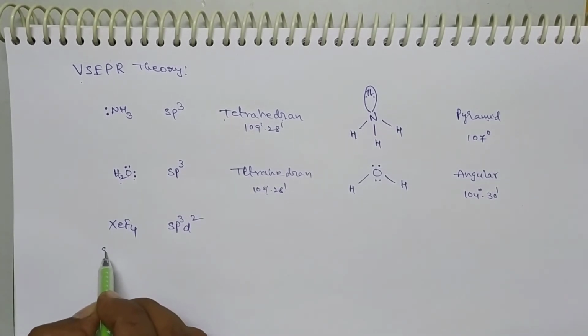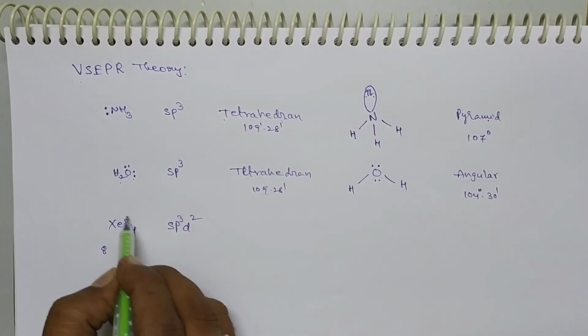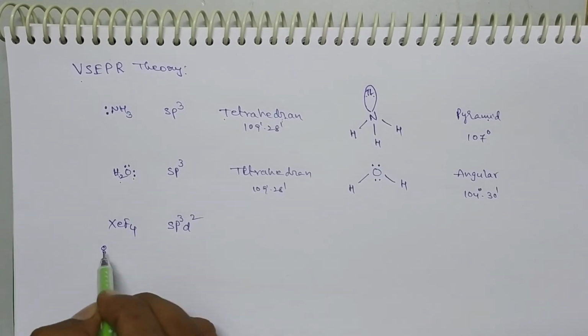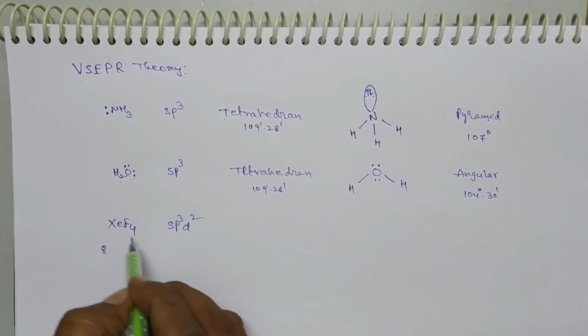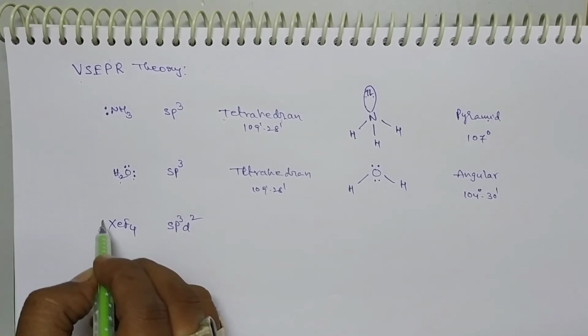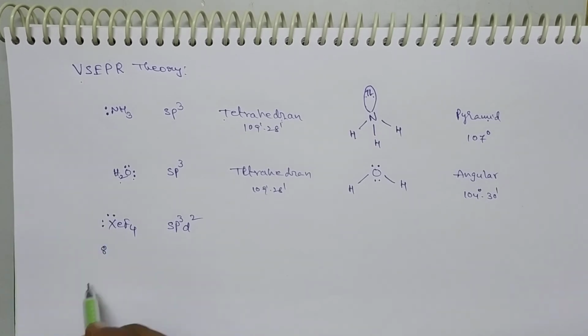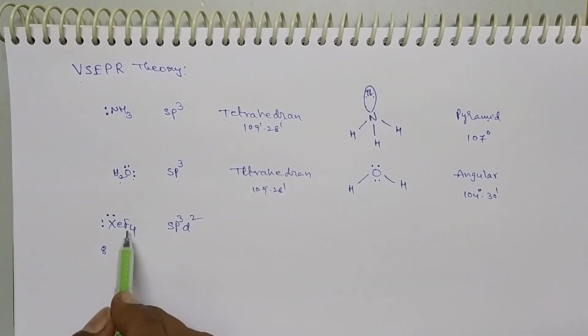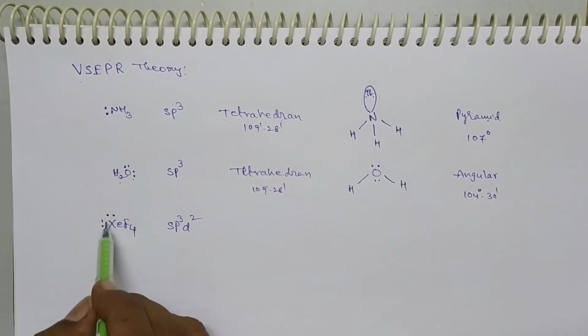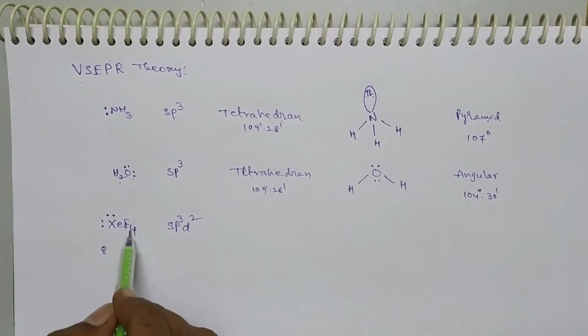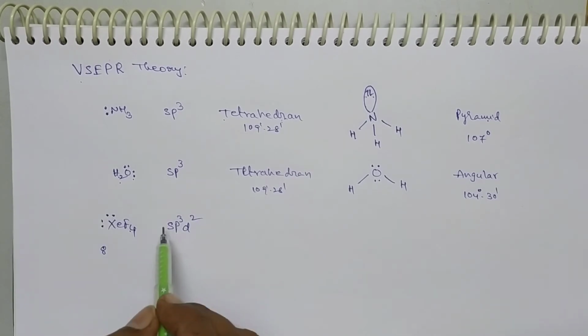It forms 4 bonds with 4 fluorine atoms, so 4 electrons are utilized. The remaining 4 electrons will be present as 2 lone pairs. So the number of sigma bonds is 4 and the number of lone pairs is 2. 4 plus 2 is 6. That means sp3d2 hybridization.